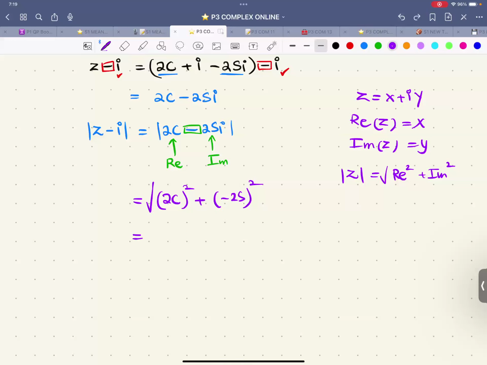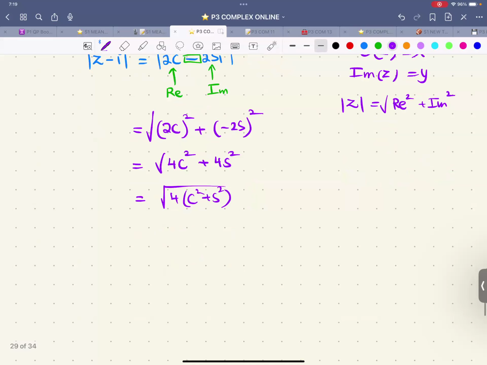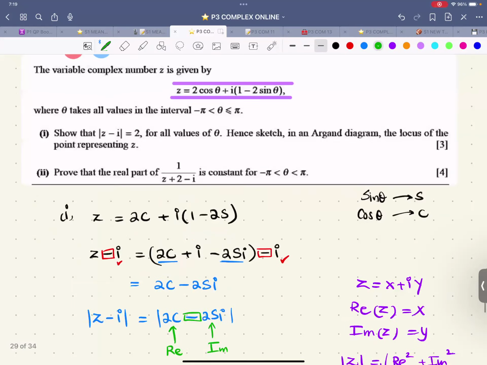That is 4C squared plus 4S squared, the whole thing under root. That is 4 common, C squared plus S squared, under root. We know that C squared plus S squared is 1. So this is the square root of 4, which comes out to be 2, and that is what they are asking us.